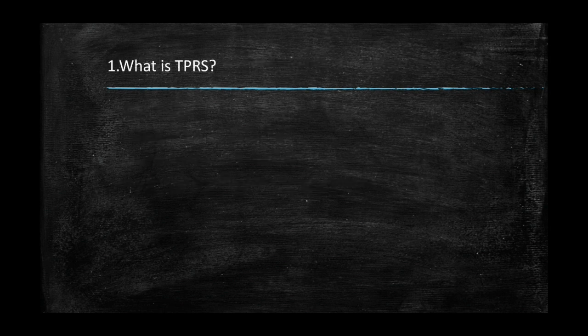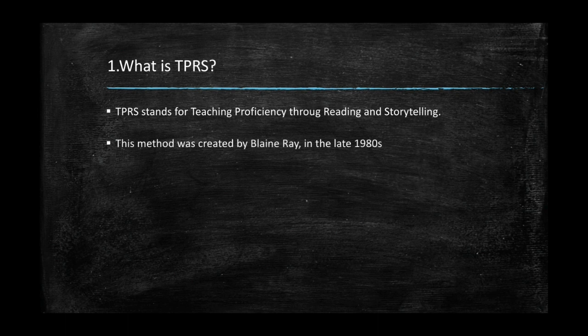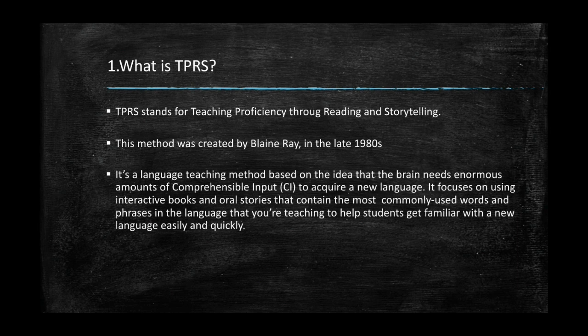So, what is TPRS? TPRS stands for Teaching Proficiency through Reading and Storytelling. This method was created by Blaine Ray in the late 1980s. It's a language teaching method based on the idea that the brain needs enormous amounts of comprehensible input to acquire a new language.